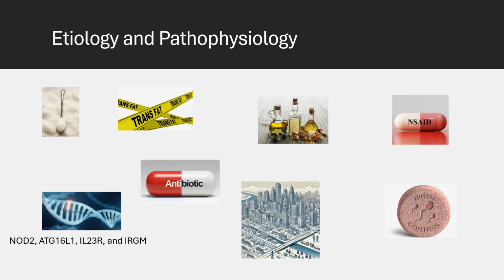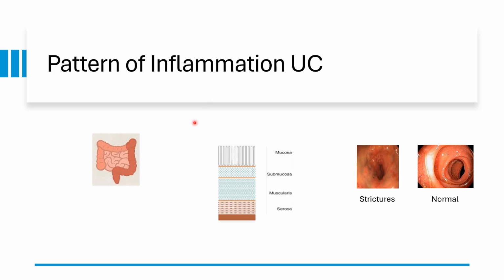Now, let's look at the pattern of inflammation in ulcerative colitis. The pattern of inflammation in ulcerative colitis is a little bit different than Crohn's disease. We know that Crohn's disease and ulcerative colitis are both inflammatory bowel disease. But the area that is getting involved in these two diseases is different.